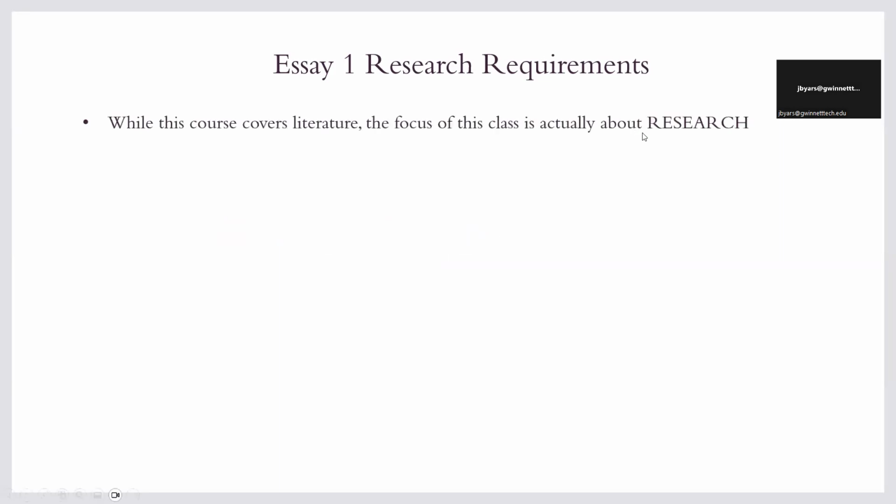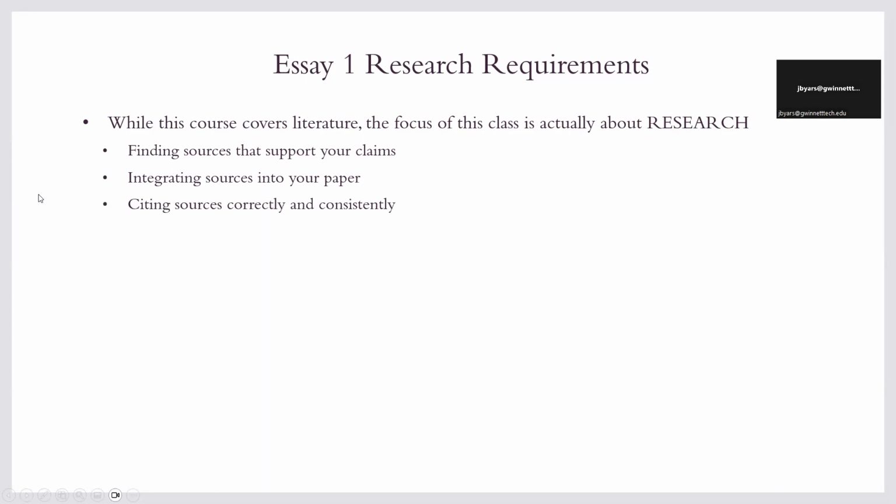Essay 1 research requirements. While this course covers literature, the focus of this class is actually about research. Finding sources that support your claims, integrating sources into your paper, citing sources correctly and consistently. That academic writing needs to take the position of skepticism, okay?